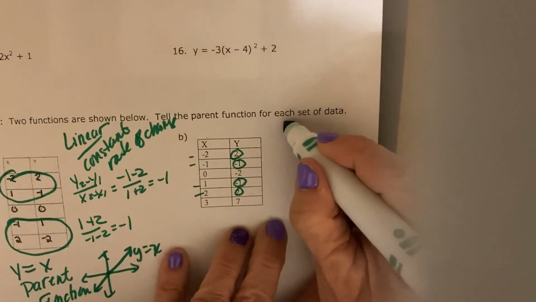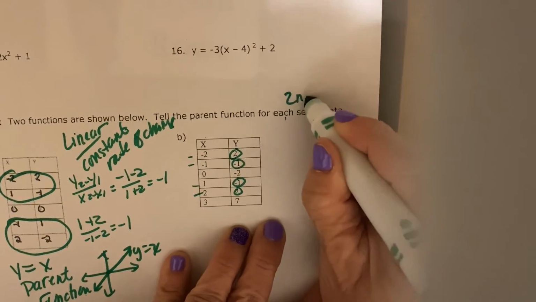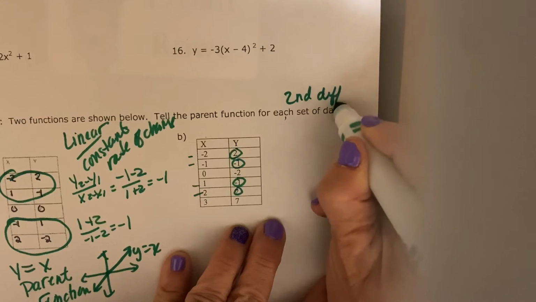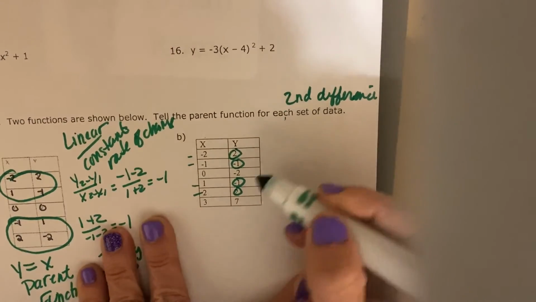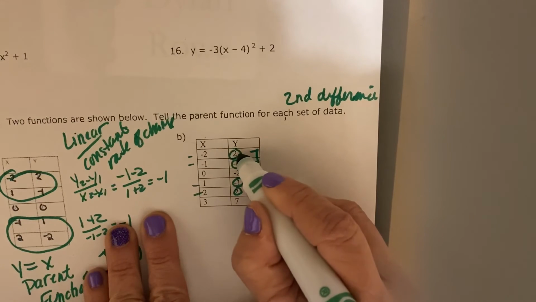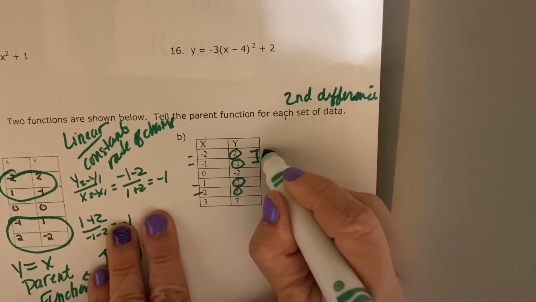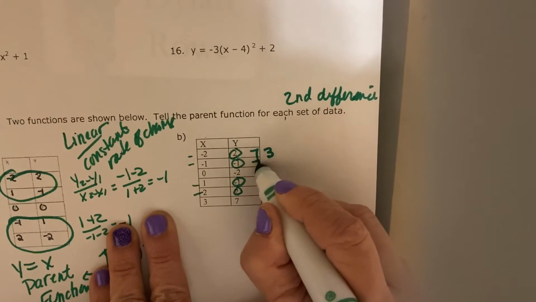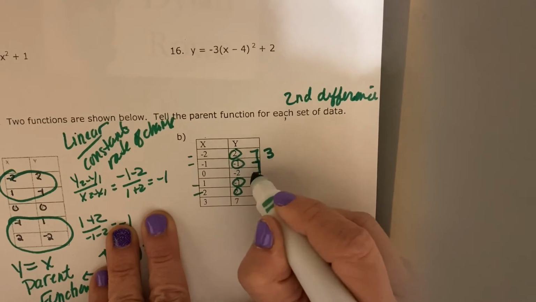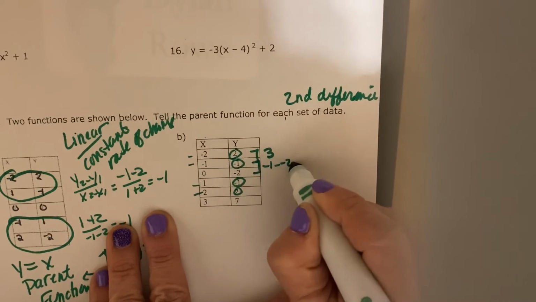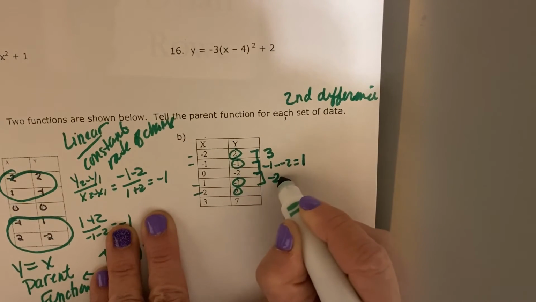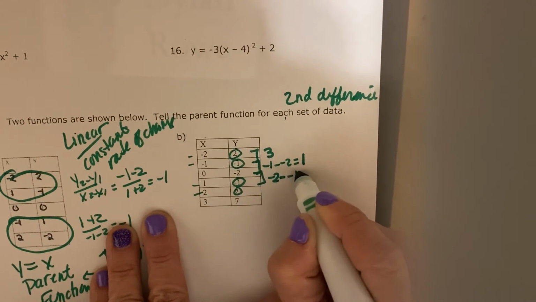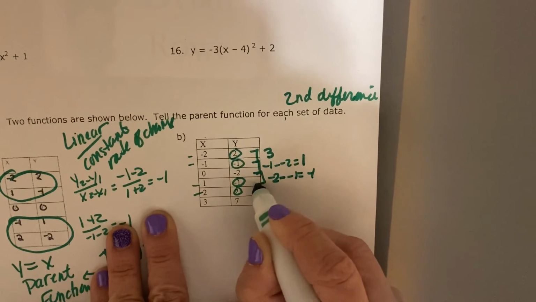So what we want to do is look at the second difference. First we're going to take 2 minus -1, and that's going to give us 3. We'll take -1 minus -2, and that's going to give us 1. We'll take -2 minus -1, and that's going to give us -1.